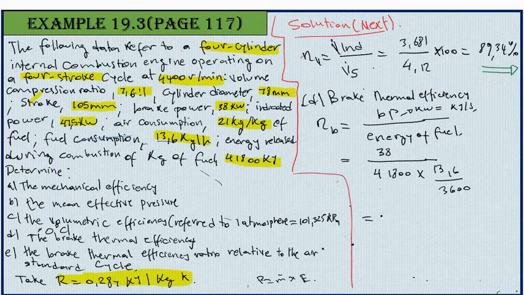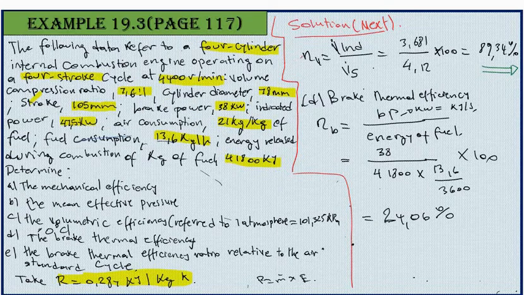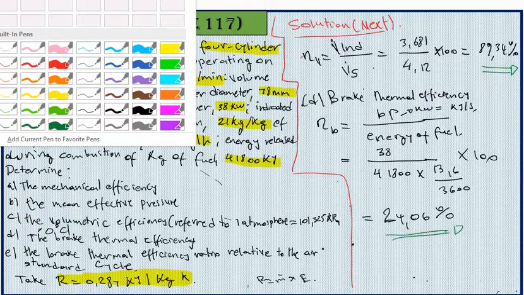So I get 0.24, and I need to multiply this by 100 in order to express it in percentage. So I get 24.06%. This is what is called the brake thermal efficiency. In other words, it's the total efficiency. So I'll just write a note here.